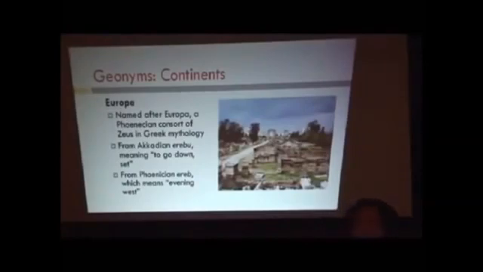Europe is another one we should be familiar with. In Greek mythology it's named after a Phoenician prince, a Phoenician consort of Zeus, and it refers to go down or to set, as in the sun setting. Don't you see how these etymological descriptions of the continents can tell you about astronomy as well?